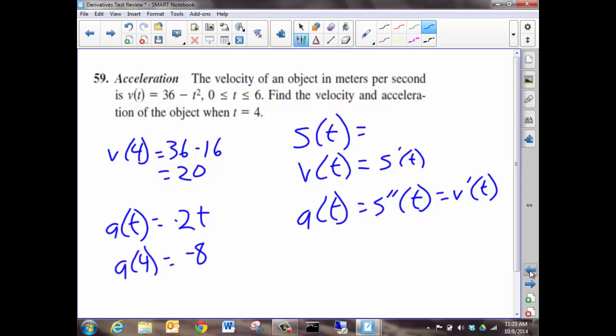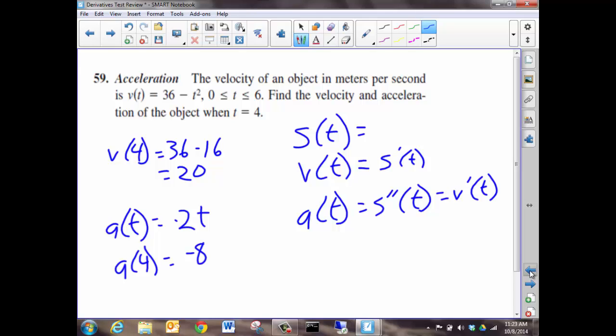All right? I have a question for you. We found that the velocity at 4 was 20. Why isn't the acceleration 0 then? Well, you just said the velocity is 20. What's the derivative of 20?